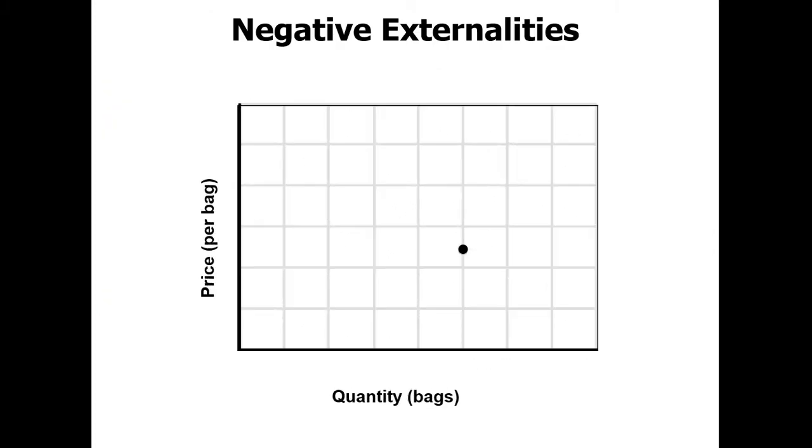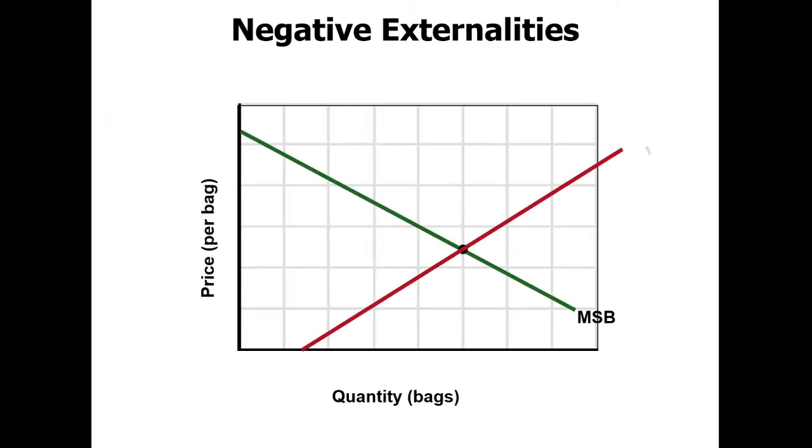Let's graph a negative externality. We know that with a negative externality we're producing too much at too low of a price. So PE is too low and QE is too high. Now we're going to label these graphs.